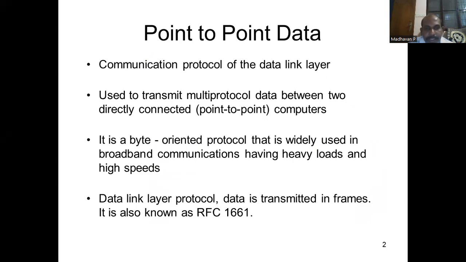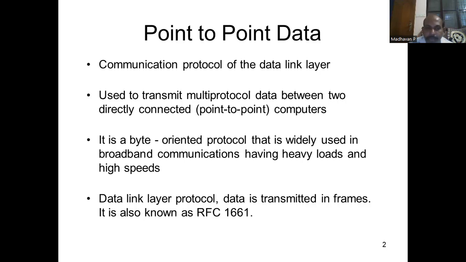As it is used in the data link layer, which is the second layer of the TCP/IP stack, it provides a byte-oriented protocol which is used in broadband communications, where heavy loads and high speed of data transfer are required. So normally it is used in high-speed networks like dial-up networks and ADSL, which acts as a backbone point for providing the networking services.